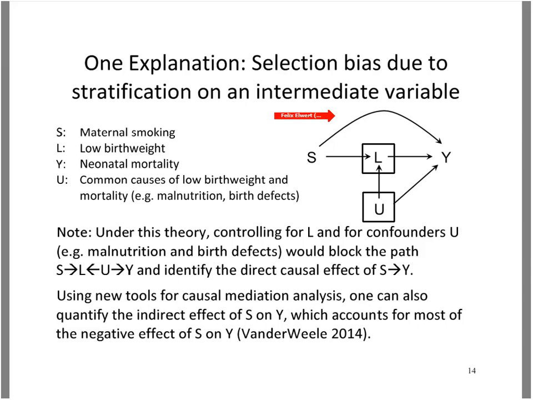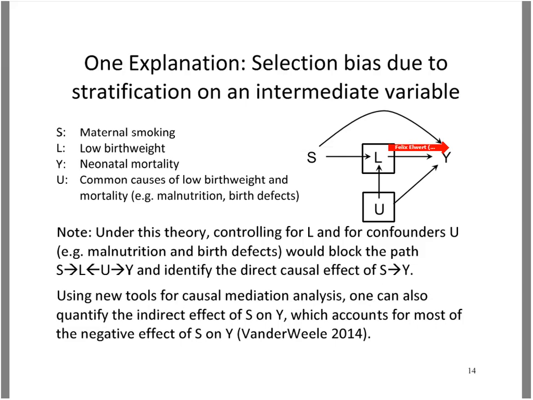Or you might be interested in the indirect effect of smoking on neonatal mortality that's represented by the straight line that goes through low birth weight. Right? You might want to know, to what extent is the overall effect of smoking on neonatal mortality mediated by smoking causing low birth weight?